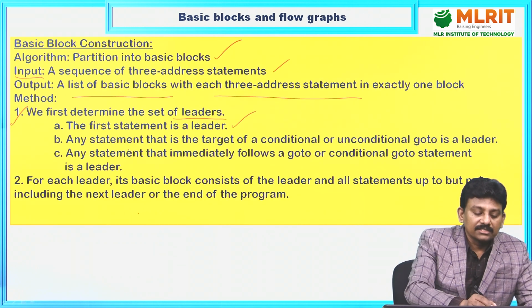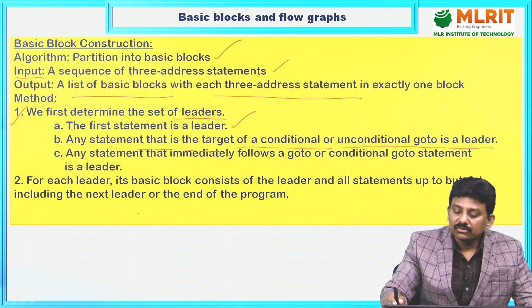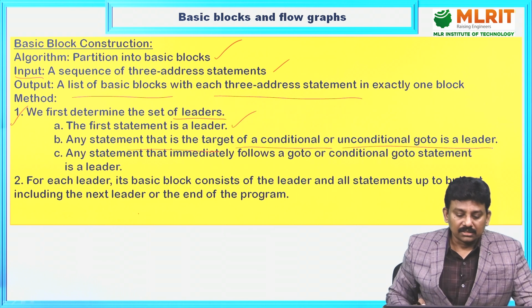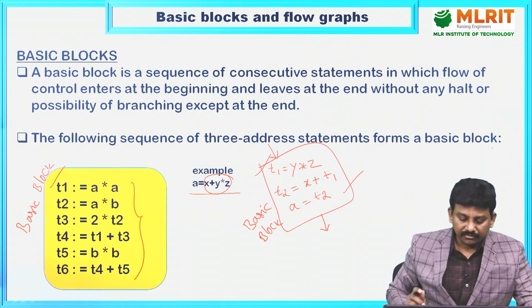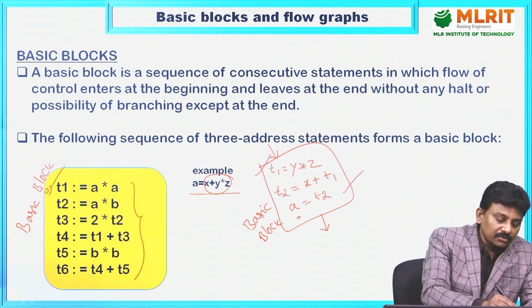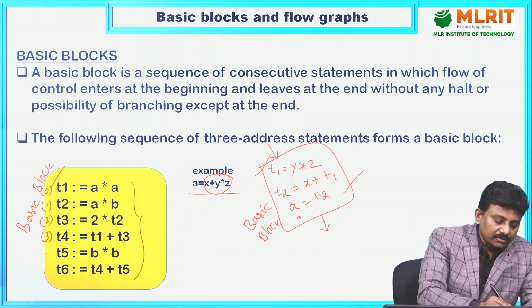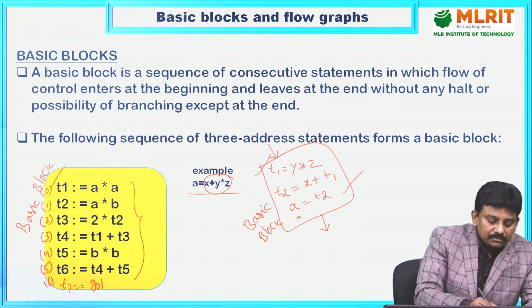Then any statement that is the target of a conditional or unconditional goto is a leader. For example, we can label the statements 0, 1, 2, 3, 4, 5. The sixth statement, T7, is goto label 2.